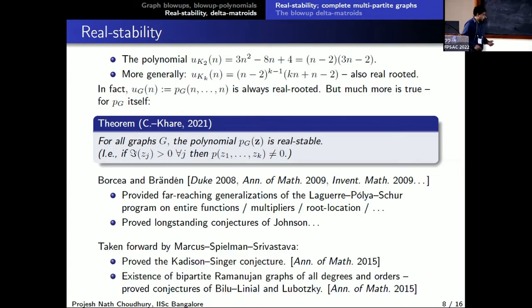This progress was then taken forward by Marcus-Spielman-Srivastava in proving the Kadison-Singer conjecture and the existence of infinite families of bipartite Ramanujan graphs. So the polynomial that I mentioned provides new examples of real stable polynomials that arise interestingly from graphs and distance matrices.